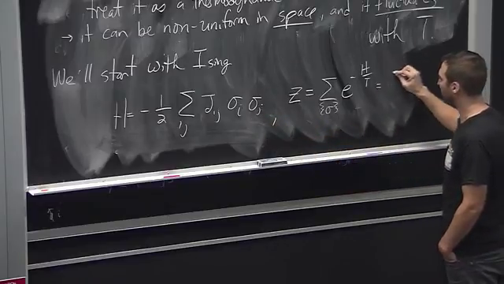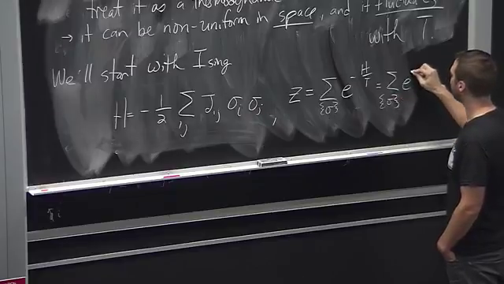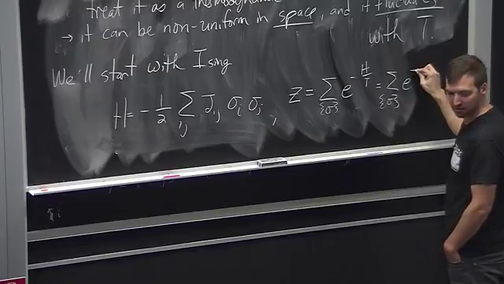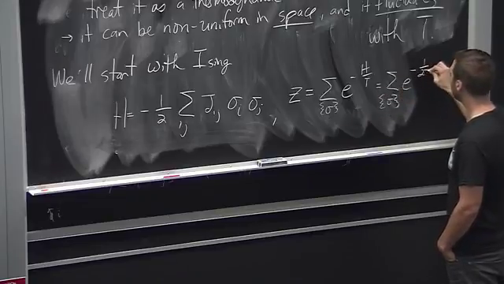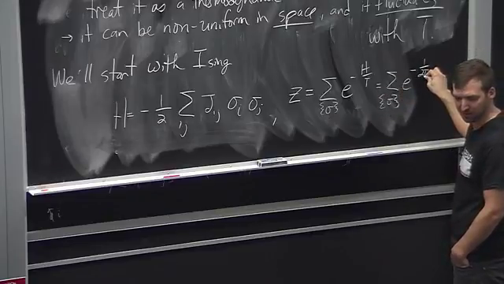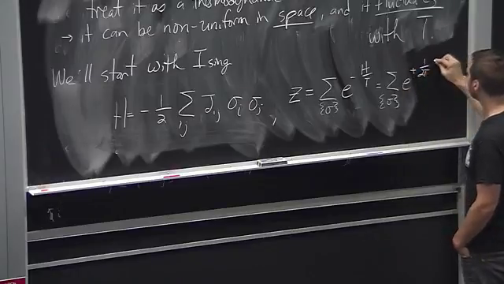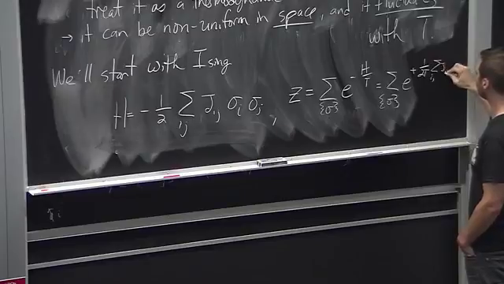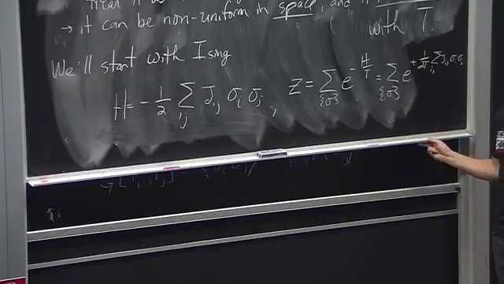So again, you have this difficult problem. E to the minus 1 over 2T, I think it should be plus, minus minus is plus, sum over ij, J_ij. That's a problem you can't solve. The infinitely complex trace.